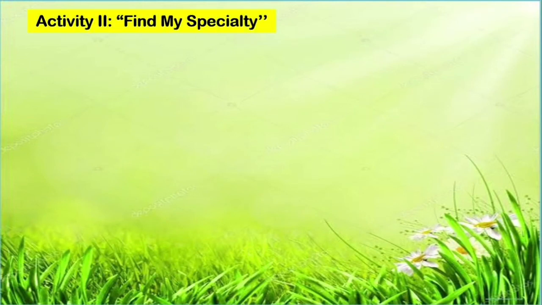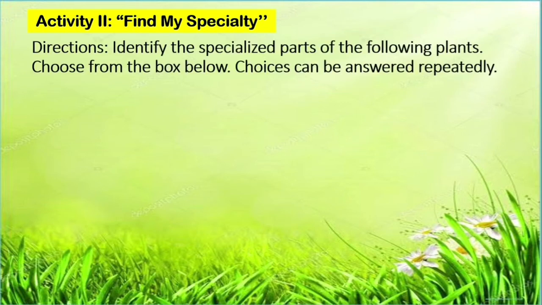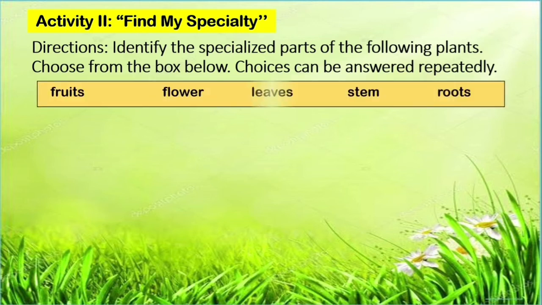For activity 2, find my specialty. You are going to identify the specialized parts of the following plants. Choose from the box below. Choices can be answered repeatedly. So the choices are fruits, flower, leaves, stem, and roots.